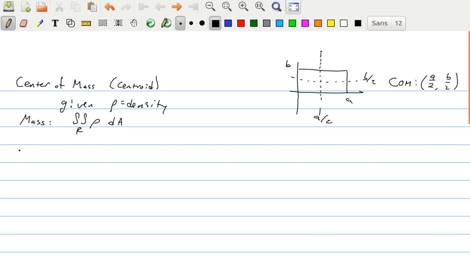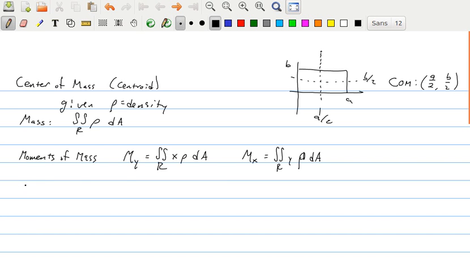Once we've got the mass, we can look at the so-called centroids, the moments. We can look at the moments of mass. These two moments are abbreviated Mx and My. My is the double integral of x times rho dA, and this is still over the same region. And the moment about the x-axis is the double integral over R of y rho dA.